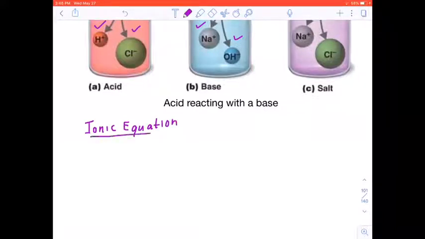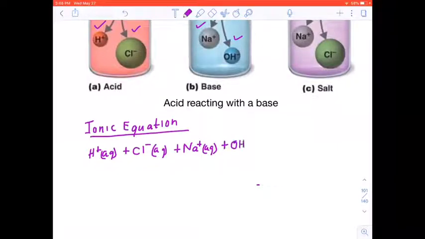The ionic equation here would be: HCl breaks up into H plus plus Cl minus. Okay. And then NaOH, Na breaks up into Na plus plus OH minus.